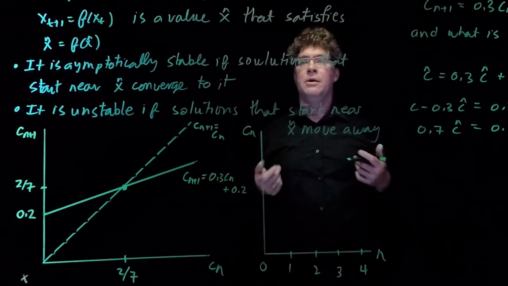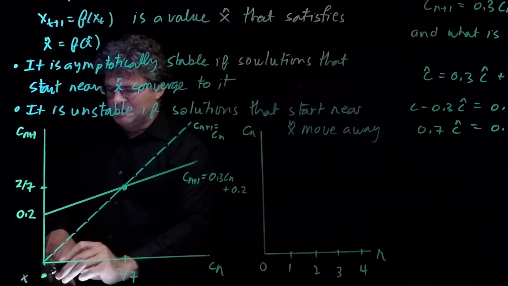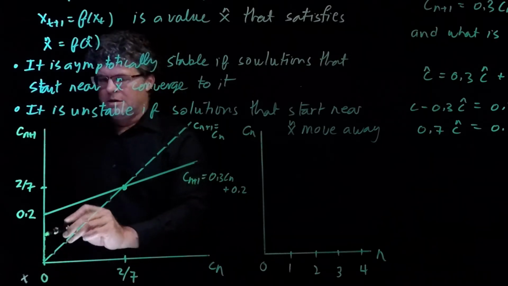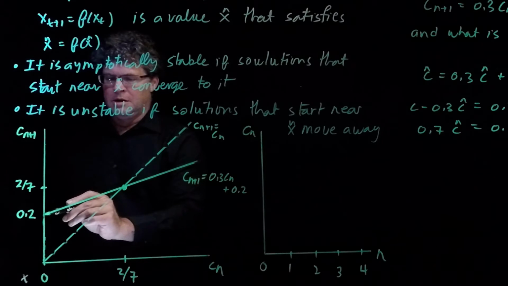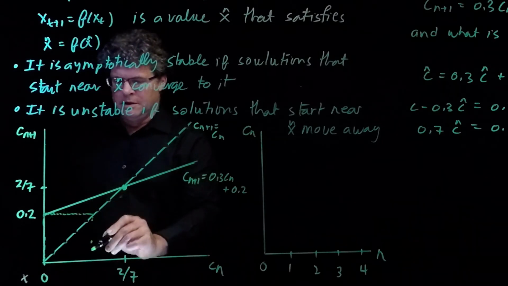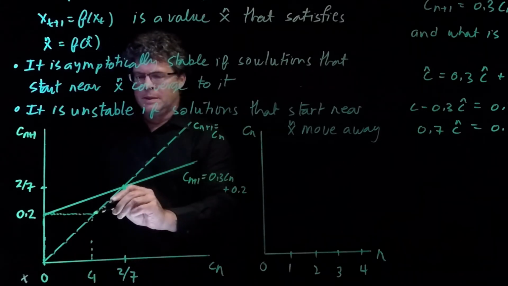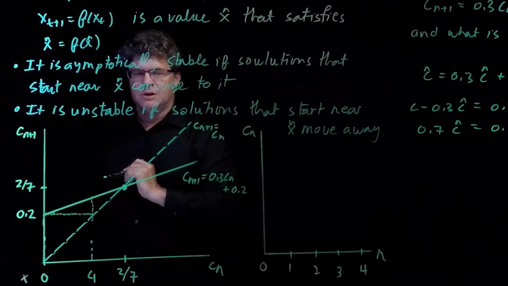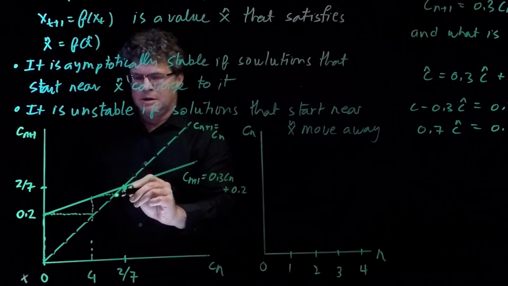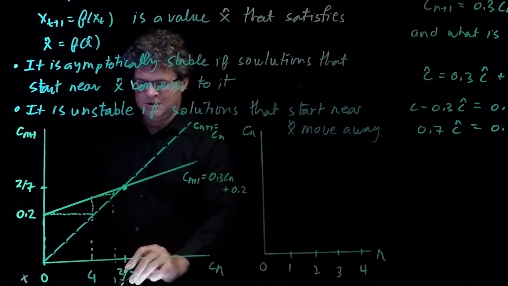And here we start with a value on the x-axis, such as C0 is equal to 0, and then we move up to find the value for C1, and then we reflect across to the 45 degree line, and then we can write C1 here. And then we go up to the function, and then we reflect across again, and then we continue. So this will be C2.